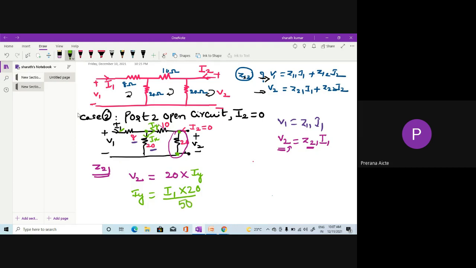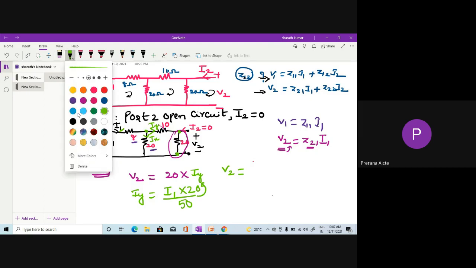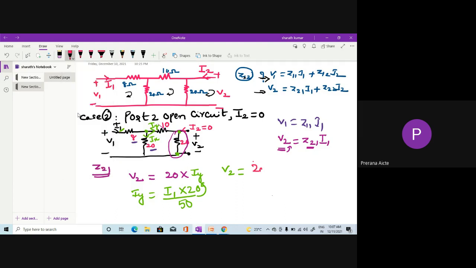So simply substitute this IY value here. V2 is equal to 20 into IY, which is I1 into 20 divided by 50.